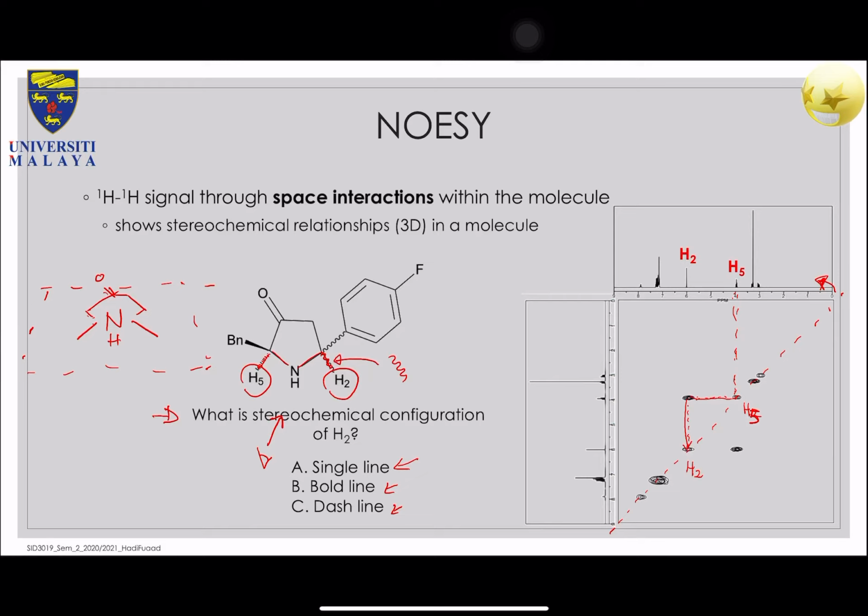Because this one has a dotted line going down, and then you have the benzyl group going up, and because the signal has an interaction, H5 over here should also be a dash line, because now they are closer in space, thus you can actually see the signal in NOSY. If H5 is actually a bold line, it will be up here, so the signal is further away, therefore you won't see any coupling. Sorry, protons coupling. I hope that you'll be able to understand the NOSY system by just this simple one slide lecture.